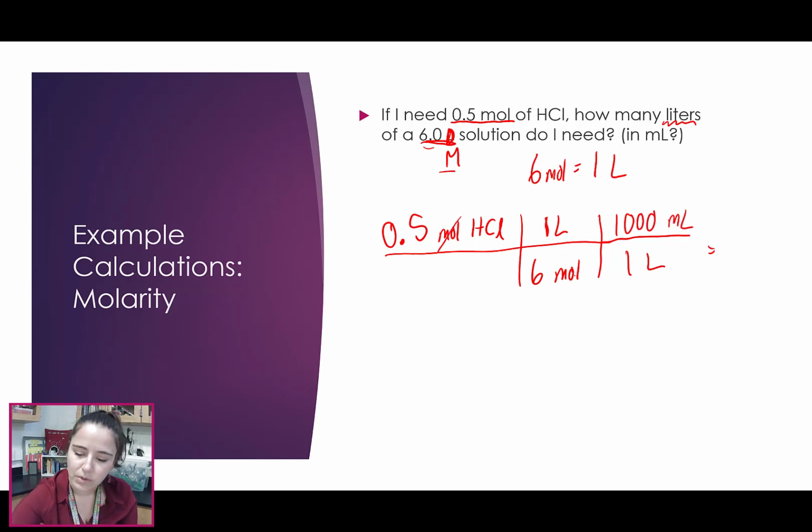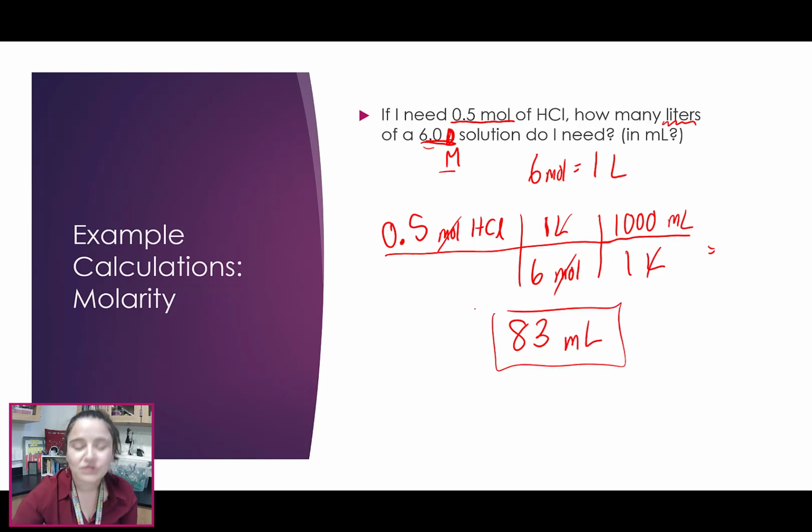So the mole units cancel out and the liter units cancel out, and I have 0.5 divided by 6 times 1,000, which gives us 83.3, so we'll just go with 83 milliliters, which would be much easier to measure out on a graduated cylinder. We wouldn't measure milliliters on a scale.